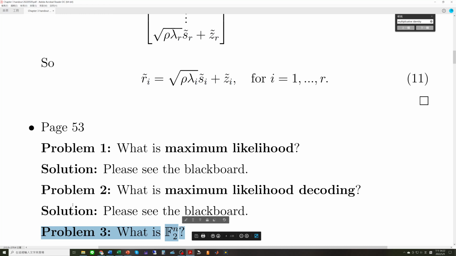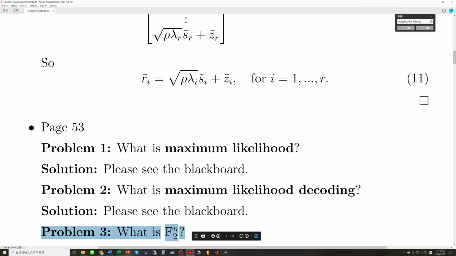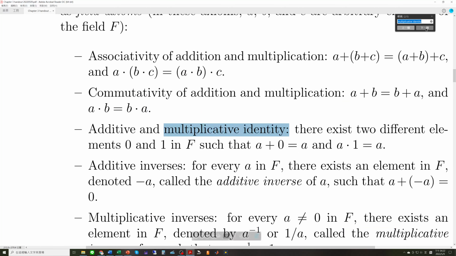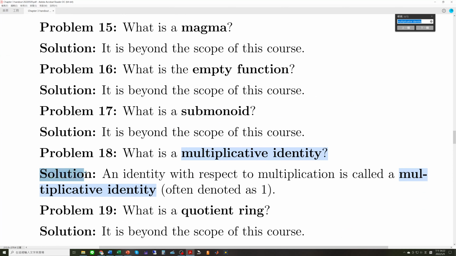And F2n appears in the solution to problem 2, what is maximum likelihood decoding? Let us go back to the handouts. Solution: an identity with respect to multiplication is called a multiplicative identity, often denoted as 1.